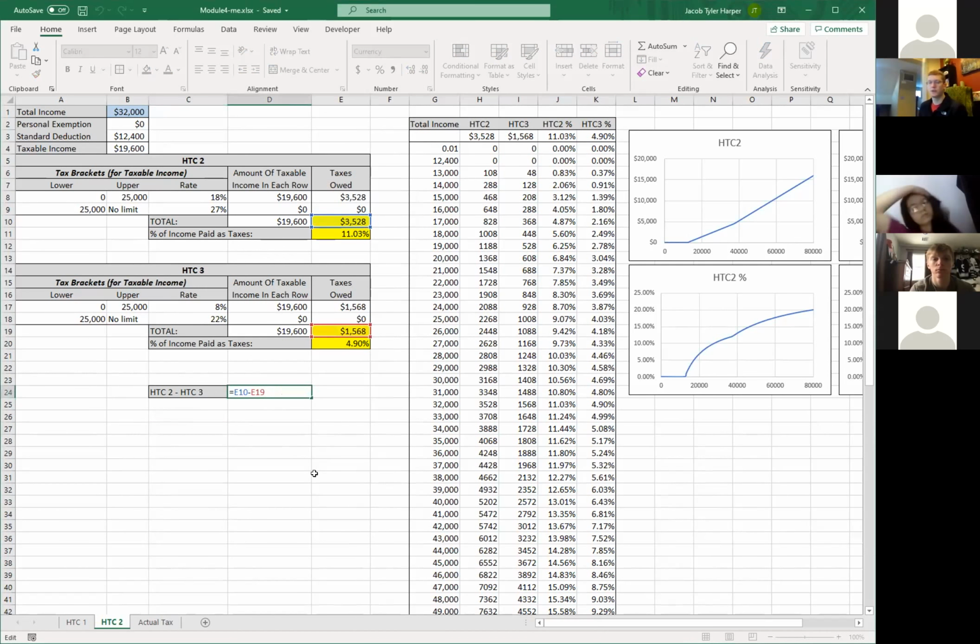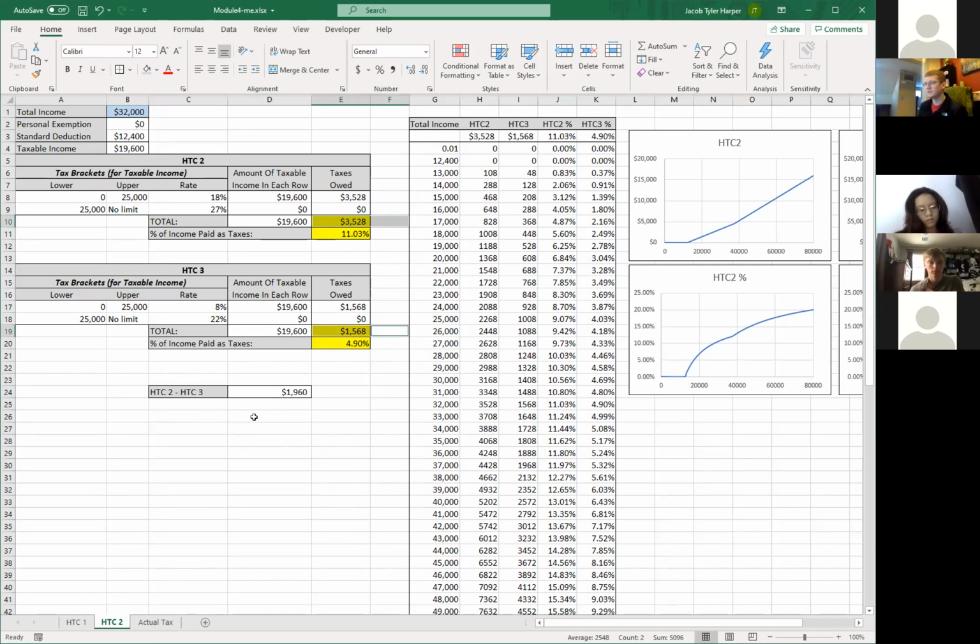You can just set up a little subtraction cell somewhere comparing these two numbers to see how much greater one is versus the other. But that's all there really was to it. Once you get past the if statement building the first calculator, all the rest is identical to steps we've done in part 1.